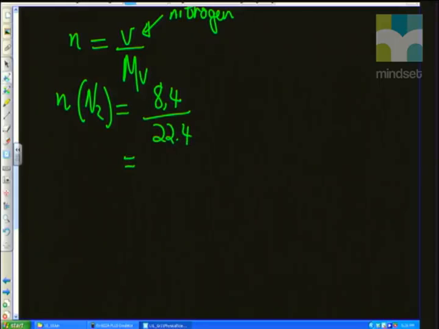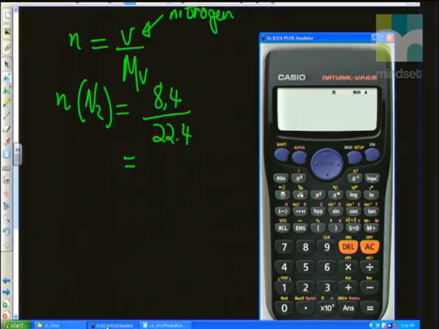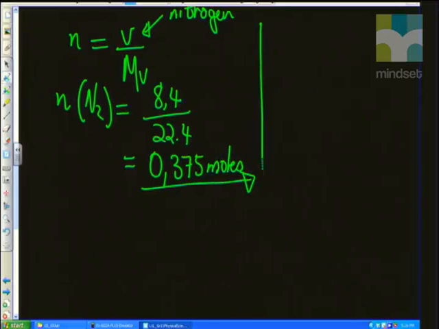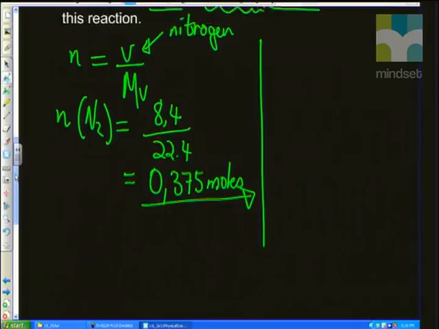And how do we get the answer there? Here is our calculator. We've got 8,4 divided by 22,4. And what's the answer? We've got 0,375 moles of nitrogen.